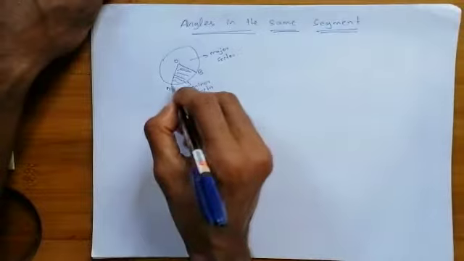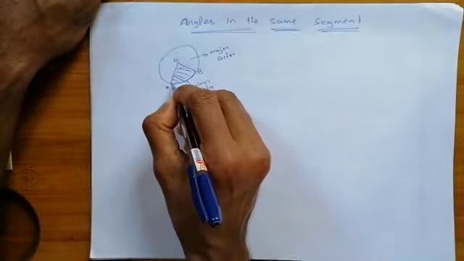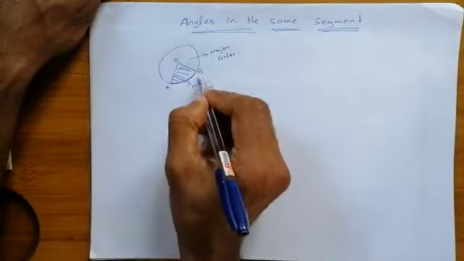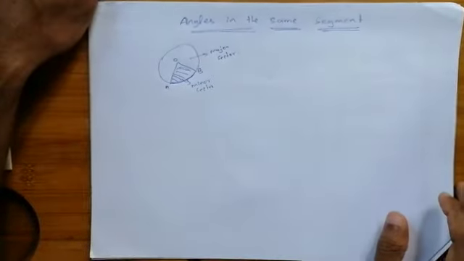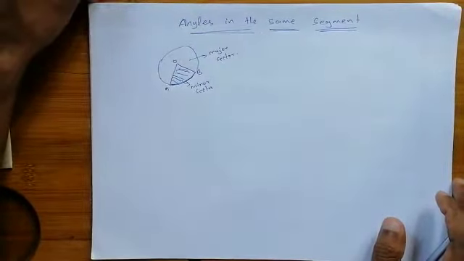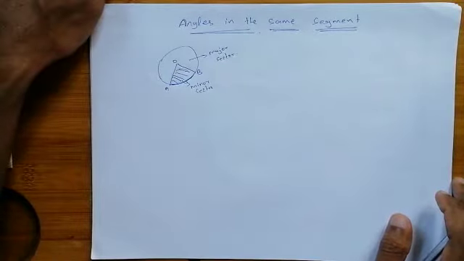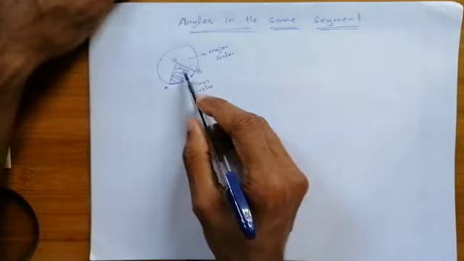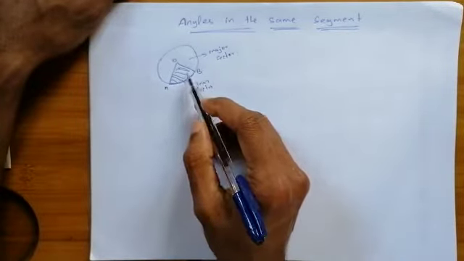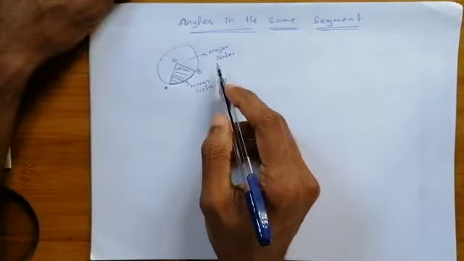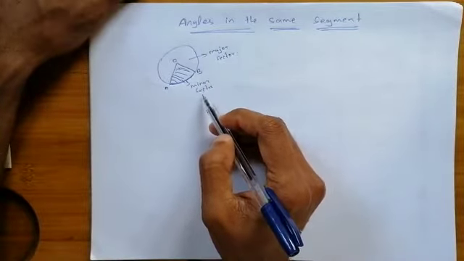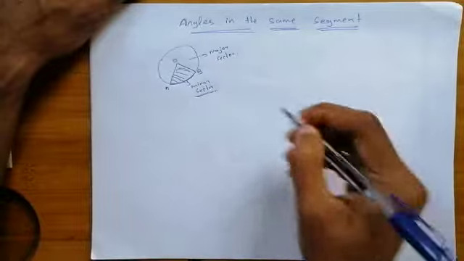So considering AB arc, the minor arc AB and the major arc AB, how can they form angle? Likewise, the radius divides the circle into two portions. If the radius divides the circle, we call it a sector.